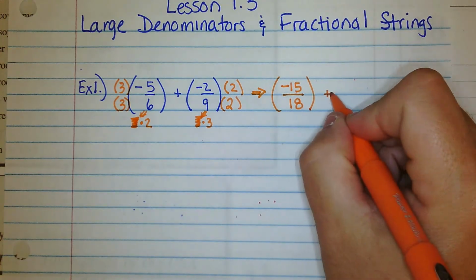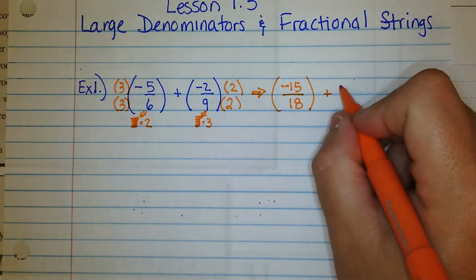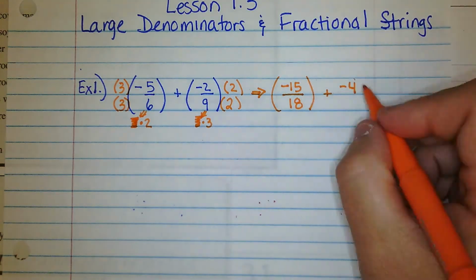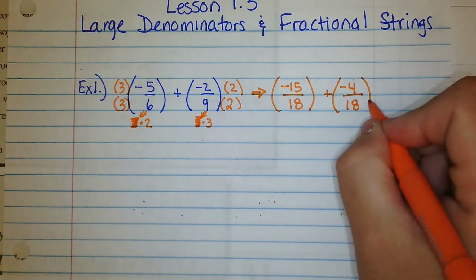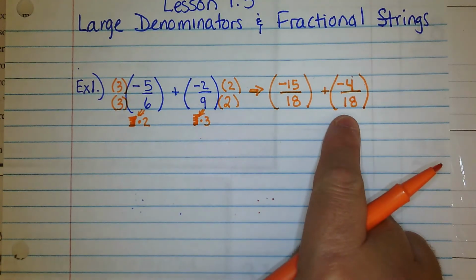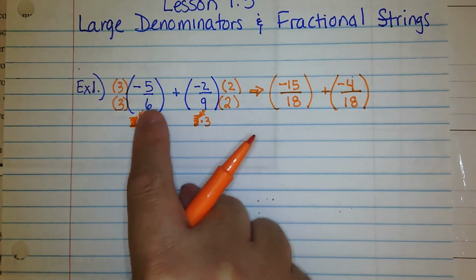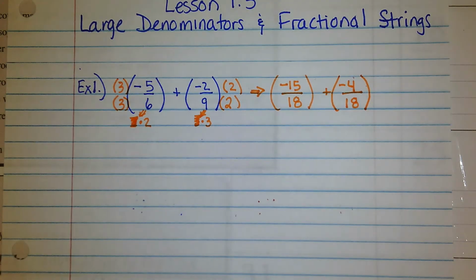Plus negative 2 times 2 is negative 4, and 9 times 2 is 18. If you get to this step and you don't have a common denominator, then that means you messed up somewhere over here. So you need to stop and try again.